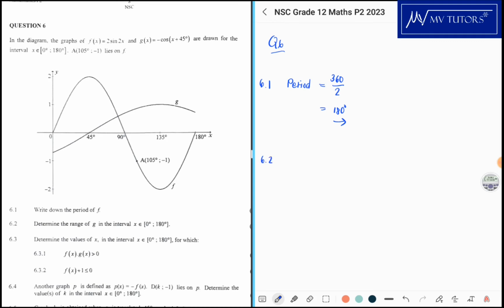Now it says determine the range of g in the interval from 0 to 180 degrees. So range meaning the y values. Okay, we know that the graph of cos oscillates between 1 and minus 1. Now because it has been shifted, it still goes from minus 1 to 1.